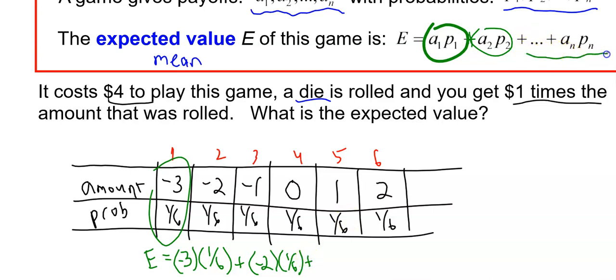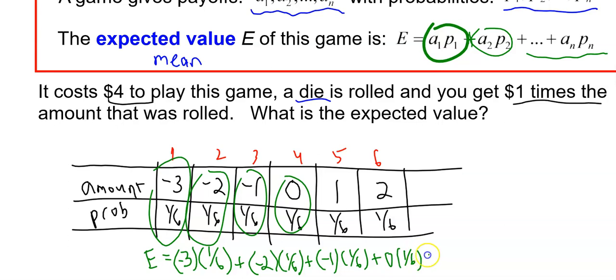There can be many, many different amounts times probabilities. You're just multiplying these two. Then add negative 1 times 1/6, plus 0 times 1/6, you could just put 0 there. Plus 1 times 1/6, again you could just put 1/6 there. Plus 2 times 1/6.